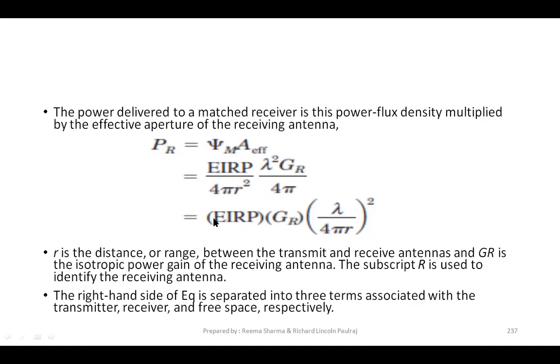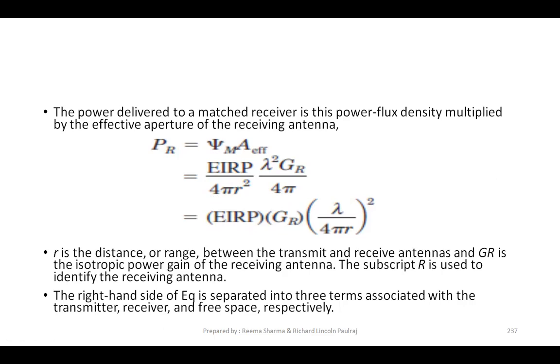So you multiply both of them. Lambda divided by 4 pi you can take as common, because you have 4 pi in both, so those get multiplied and I can put them as a whole square. GR remains here as it is, and EIRP is here. These terms will actually get into the bracket.